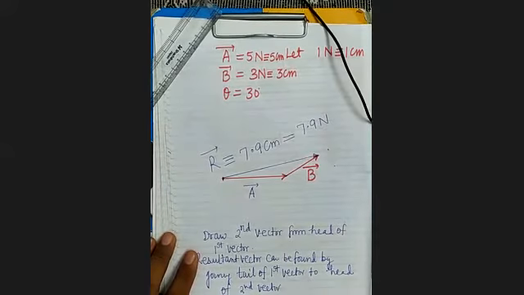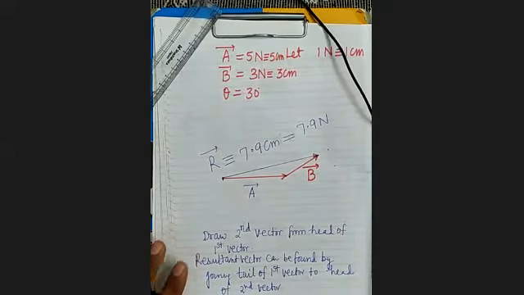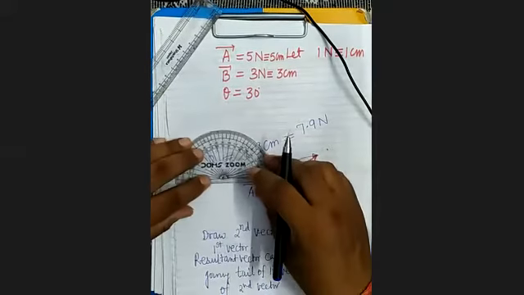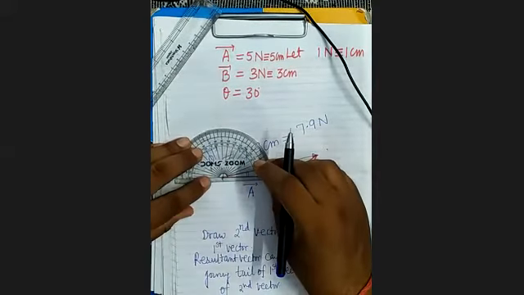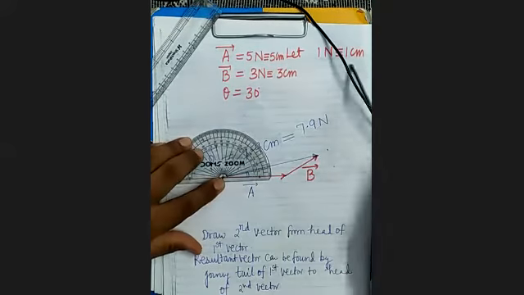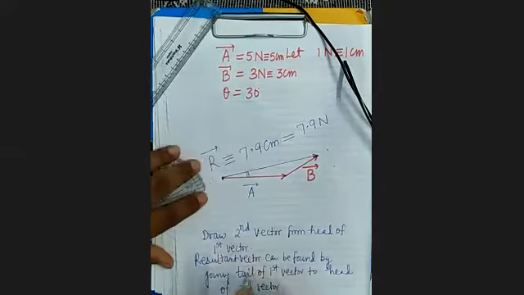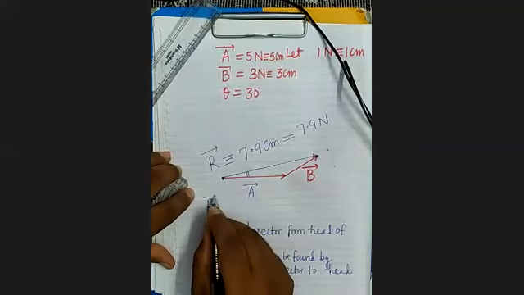How will you measure its direction? So direction will be expressed from the first vector. Means it is 12 degree from vector A. So what is resultant?